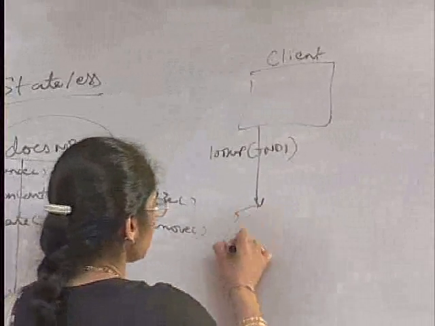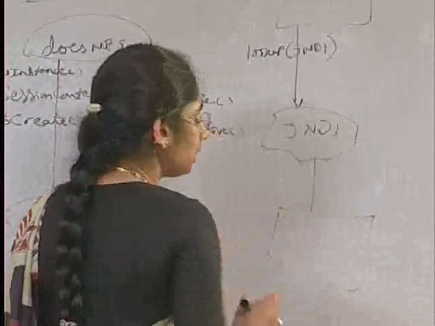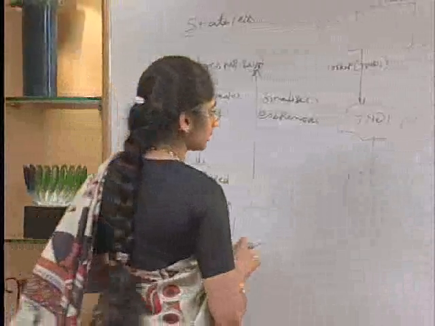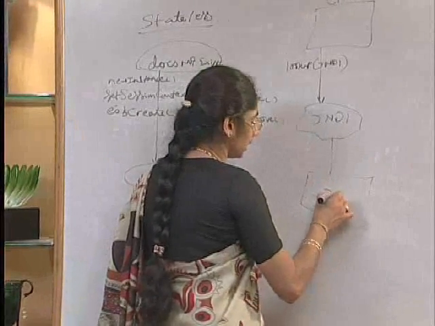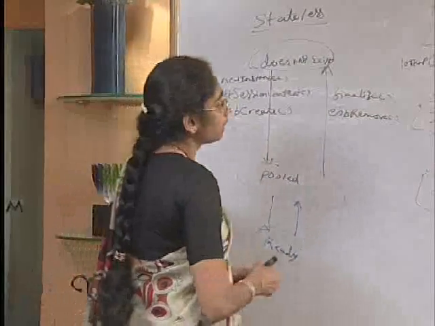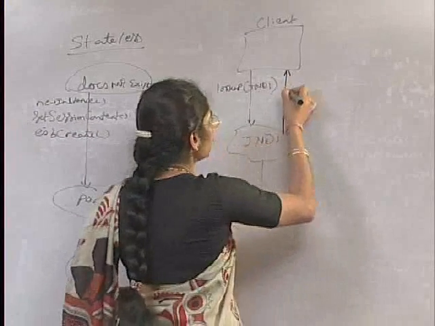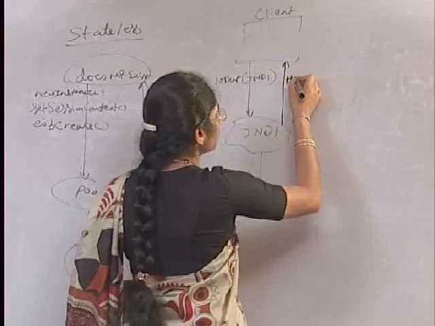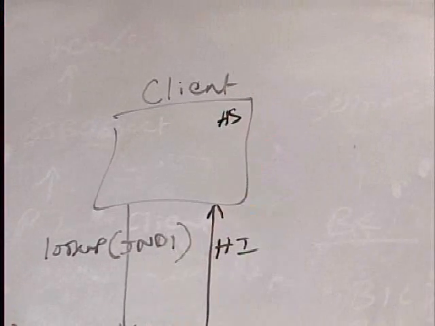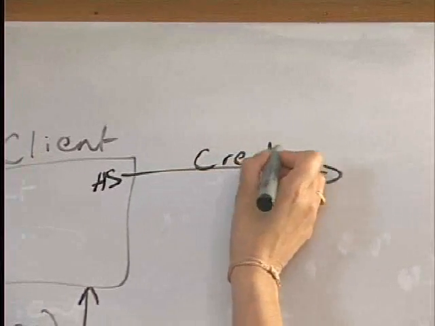This gets sent to the JNDI, which actually talks to the underlying directory and naming service, which in case of WebLogic is an LDAP service. The JNDI will return back the home object type, home interface type of object. So I have a home stub here at the client. Using the home stub, we call the create method.